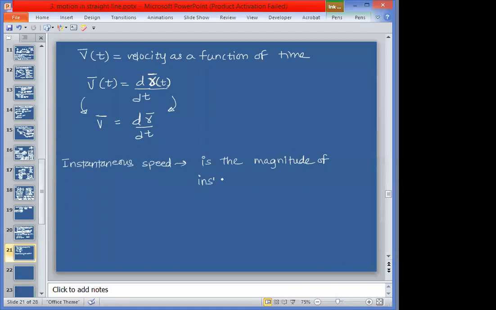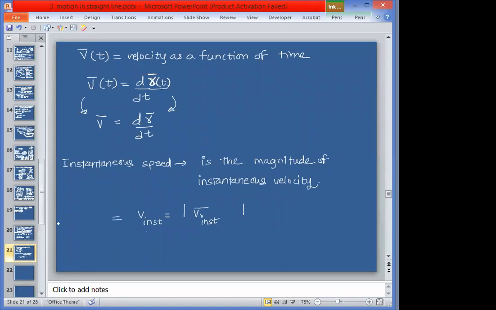Very simple. So instantaneous speed v instantaneous is equal to the magnitude of the instantaneous velocity v bar, the instantaneous velocity vector. Its magnitude is the instantaneous speed.